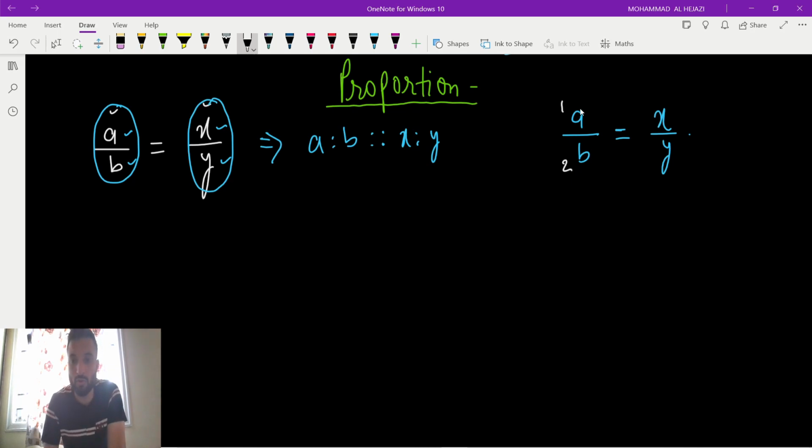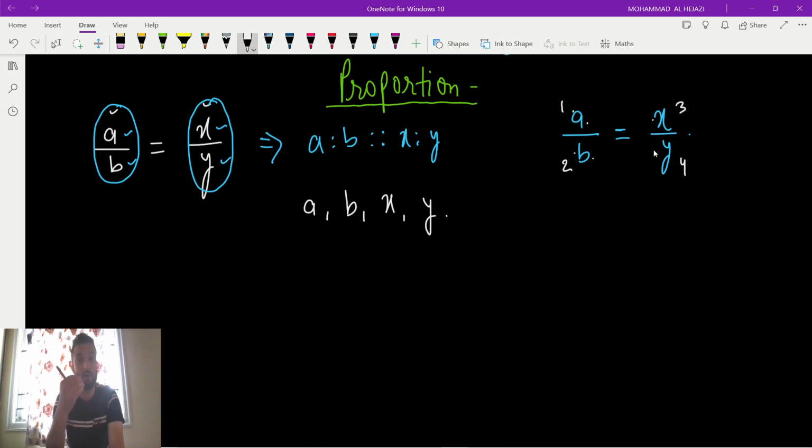Okay, so in ratio what we have studied, these are the first term, second term, right? So here in the proportion, this is the first term, second term, this is your third term, this is the fourth term. So a, b, x, y, these are the four terms of proportion. In the ratio we have only two terms, but here in the proportion we have four terms: first term, second term, third term, fourth term.